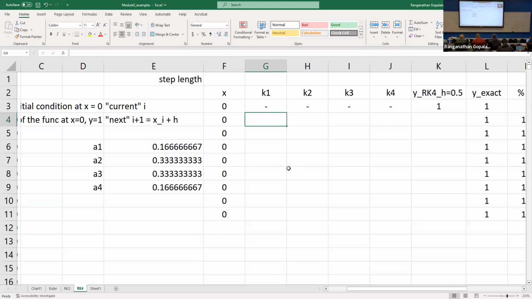Anyway, we have the formula, so you don't have to worry too much about how exactly the method was constructed. How would you evaluate K1? First of all, what is your function?